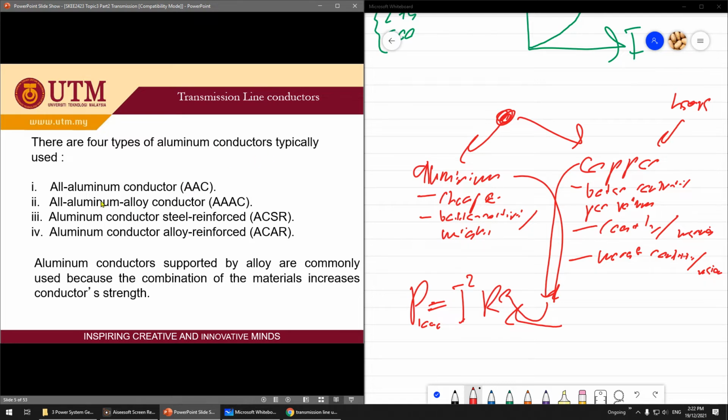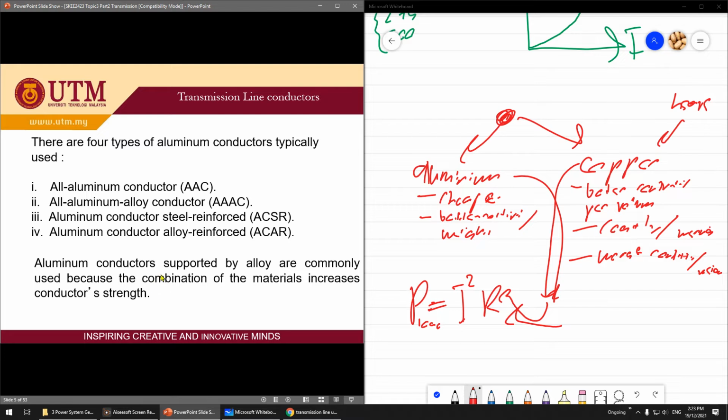Next, there are 4 types of aluminium conductor typically used. The first is all aluminium conductor, AAC; basically all of it is aluminium. Then you have all aluminium alloy conductor, AAAC, which is mixed. Then aluminium conductor steel reinforced, ACSR. And lastly, aluminium conductor alloy reinforced, ACAR.